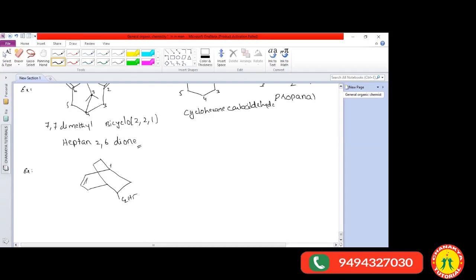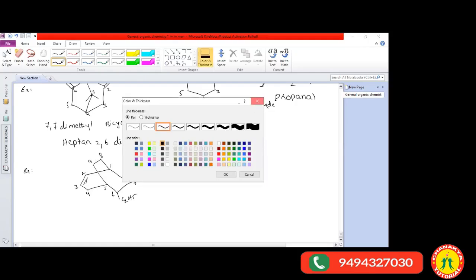I'll explain. 1, 2, 3, 4, 5, 6, 7, 8, 9. So, how many carbon atoms are there in total? Here 9 are there, so it will be non.